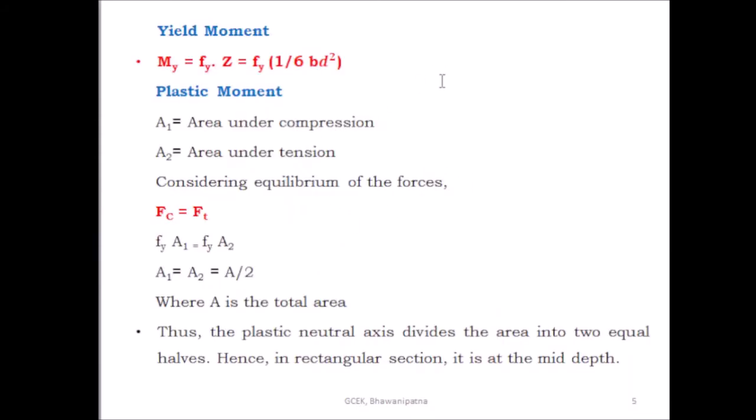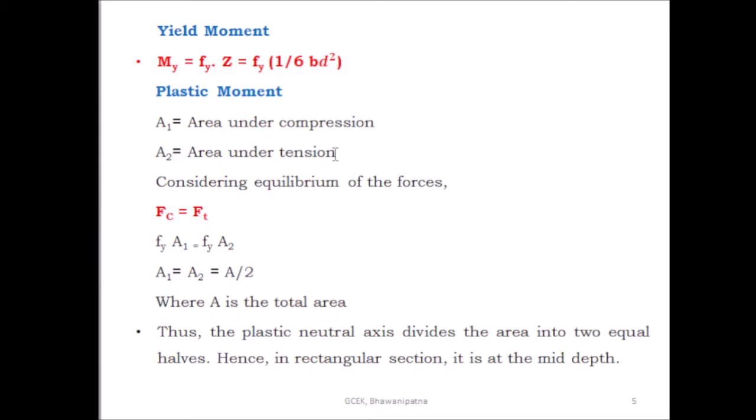So BD cube by 12 divided by D by 2 will give 1 by 6 BD square. So this is the section modulus of the rectangular section. So the yield moment My is equal to Fy into 1 by 6 BD square.